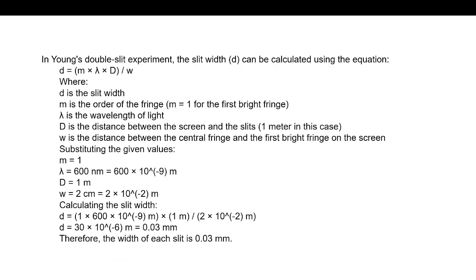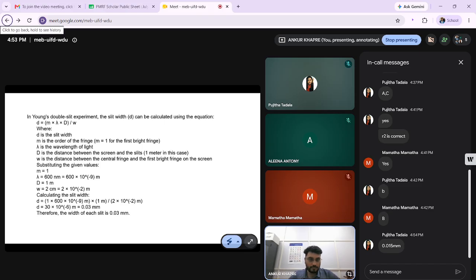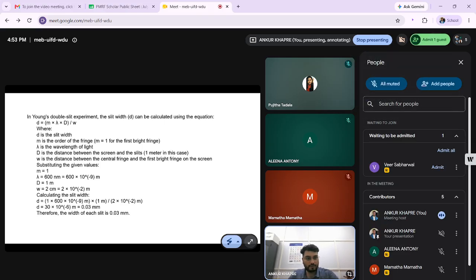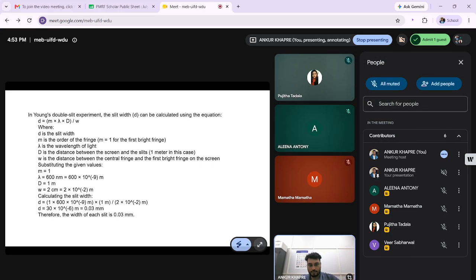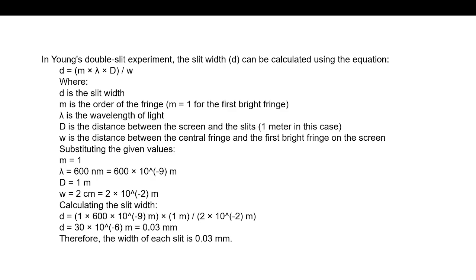Okay, let's see the answer. So in Young's double slit experiment, the slit width D can be calculated using the equation. Anybody want to join? Okay. So D is the slit width, and we already knew that the slit width is equal to M lambda capital D by W. M is the order of the fringes.